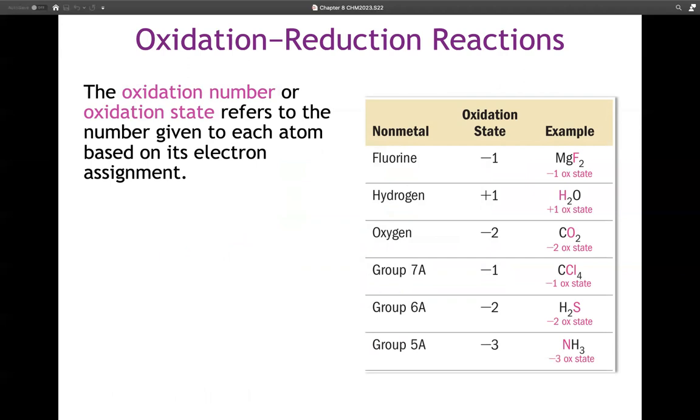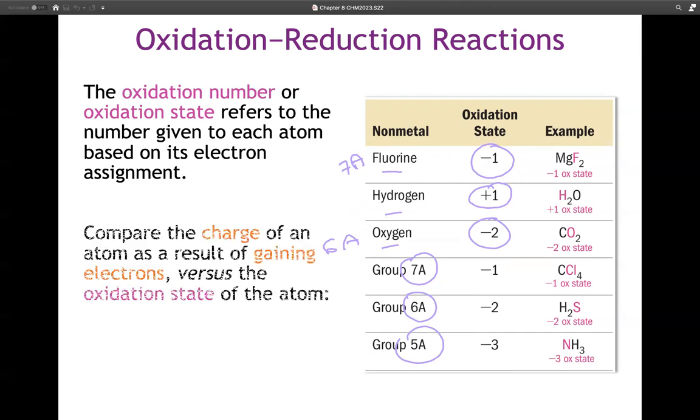Well, for non-metals, fluorine, which is in group 7A, has an oxidation state of -1, similar to its charge when it's an ion. Hydrogen is +1, oxygen, which is in 6A, is -2, again similar to its ionic charge. Notice group 7A, 6A, 5A elements are similar to their ionic charge, all right? So they're really also based on the electron assignment.